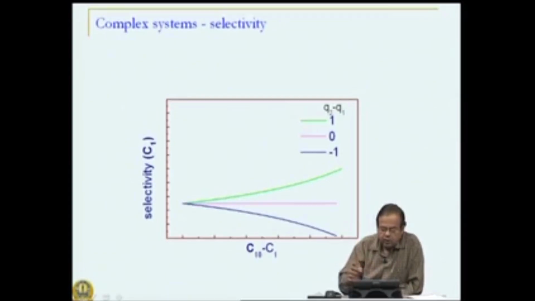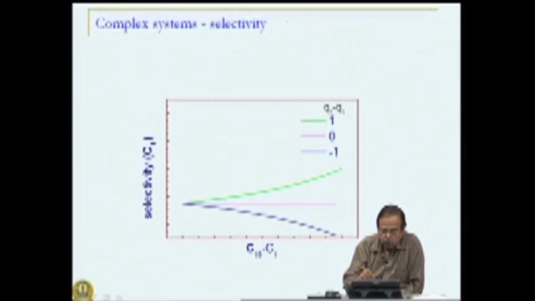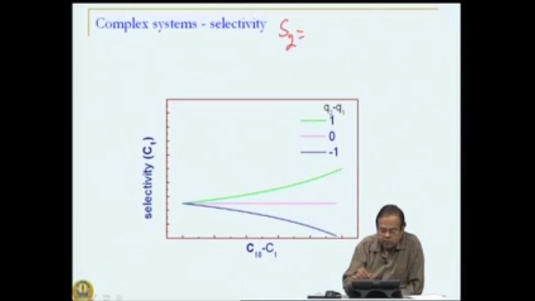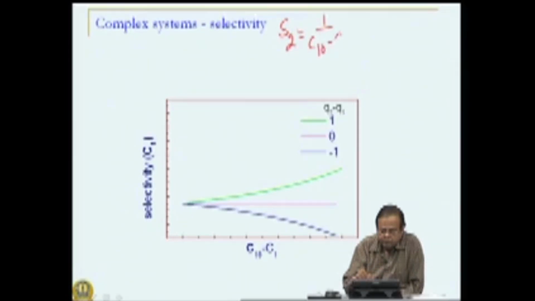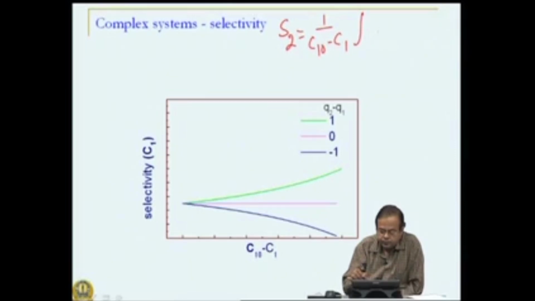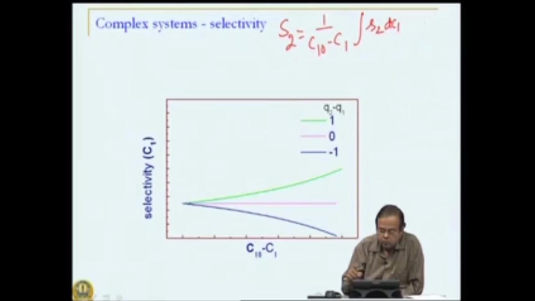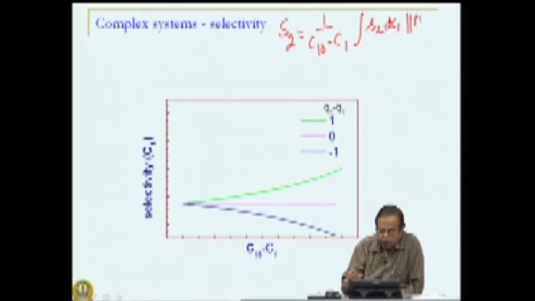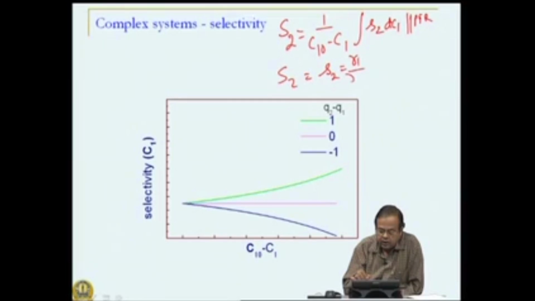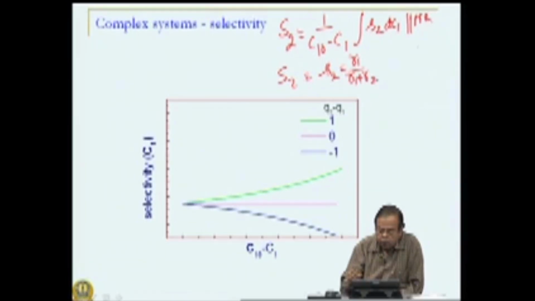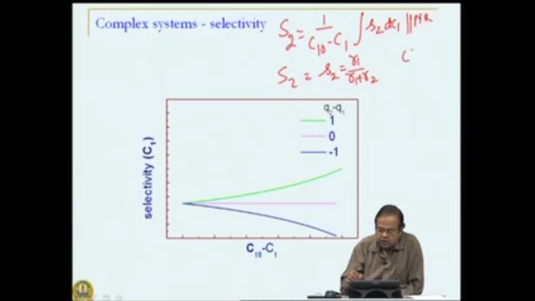Let me write the design equation once again: for plug flow reactor, and S2 equal to small s2, or R1 by R1 plus R2, for CSTR.